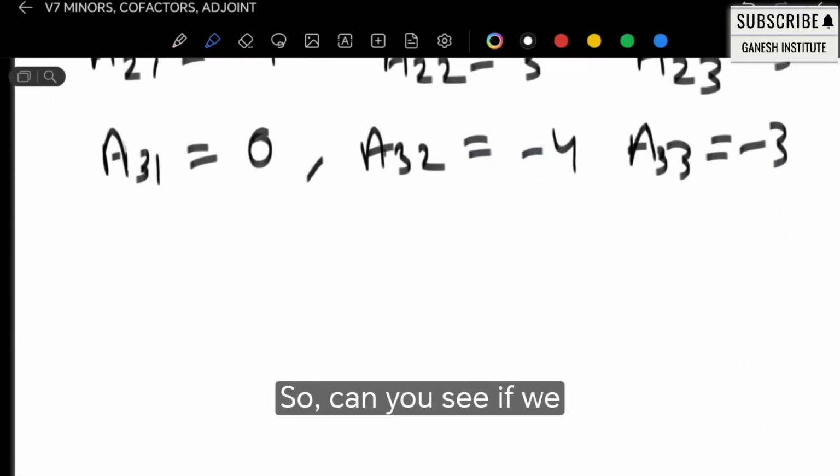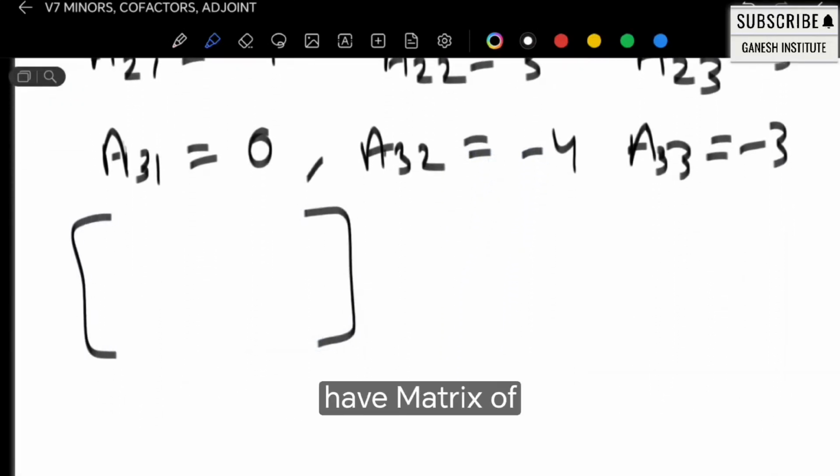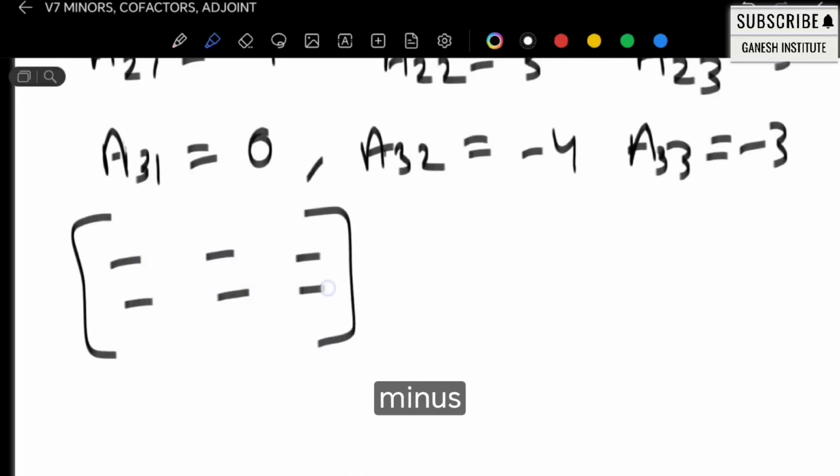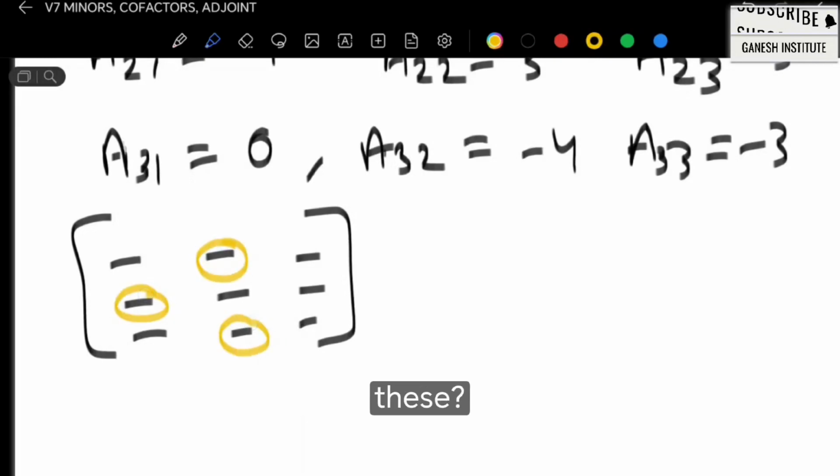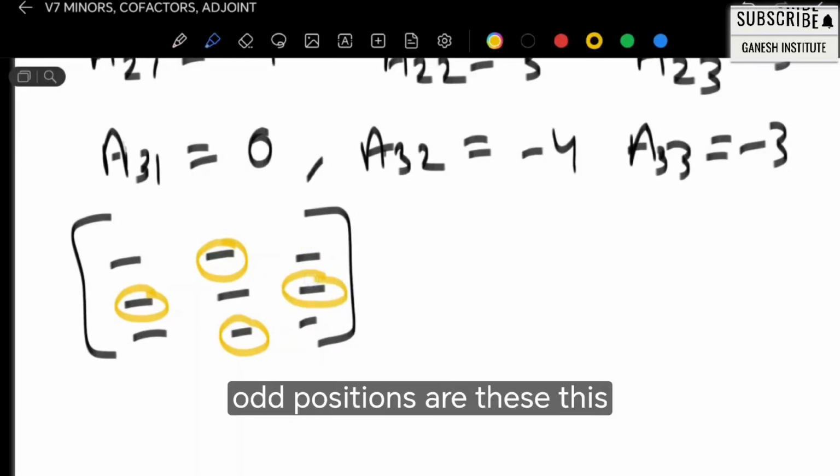So can you see, in the matrix of minors, the odd positions are these.